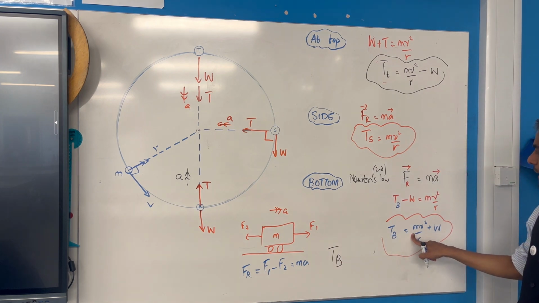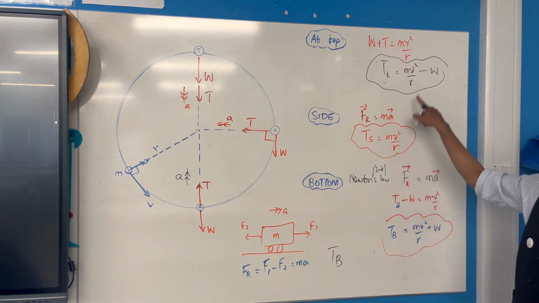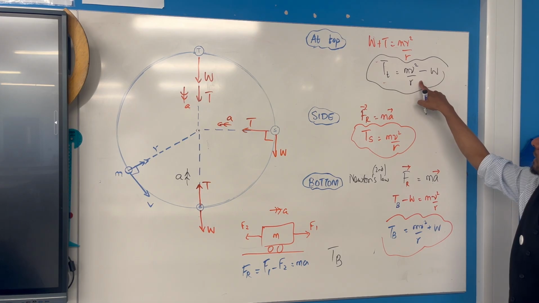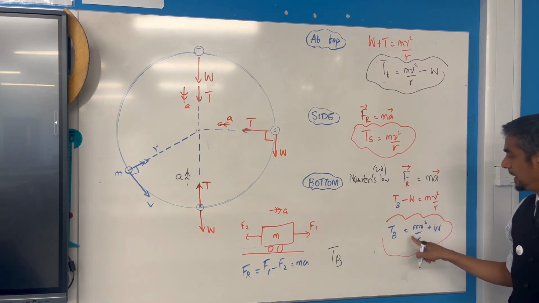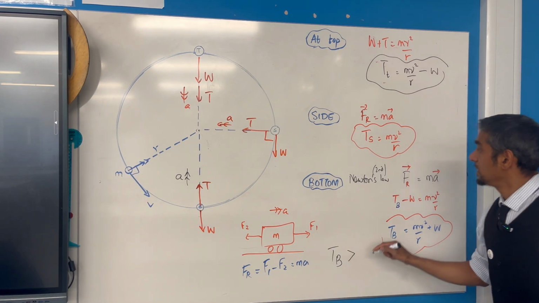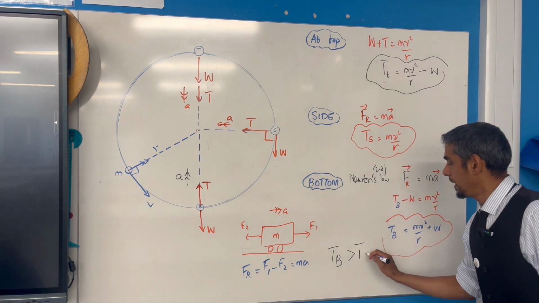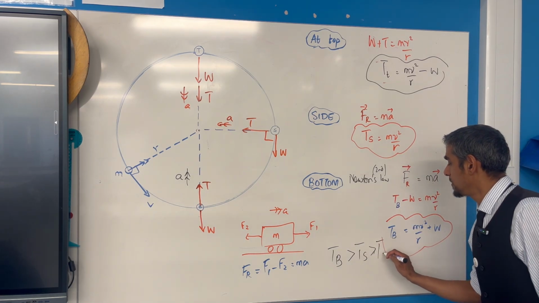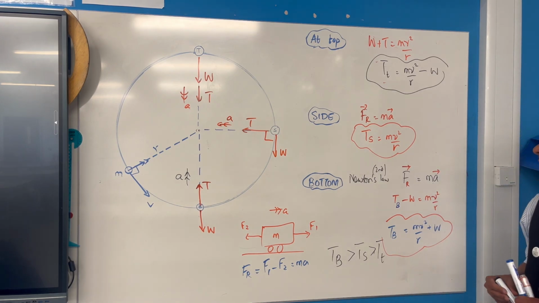Why? Because they all have mv squared over r. However, this has got a plus W. So T at the bottom is greater than the tension on the side, which is also greater than the tension at the top. And this is very important.